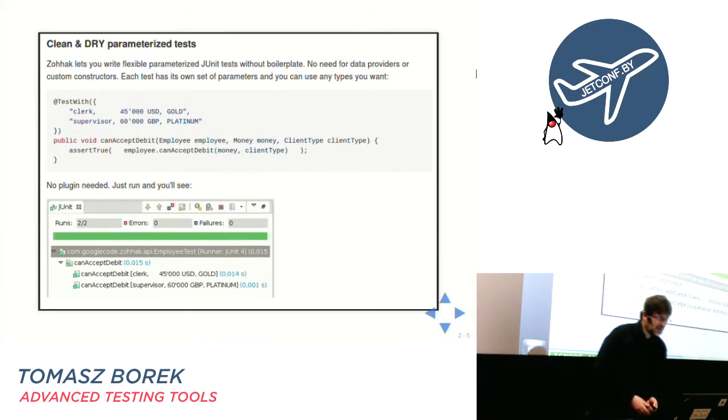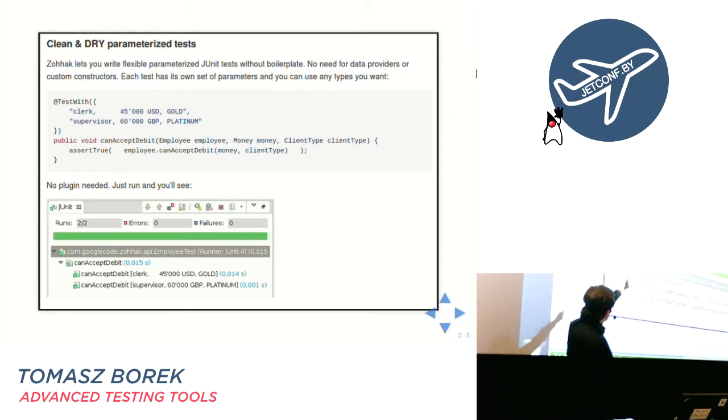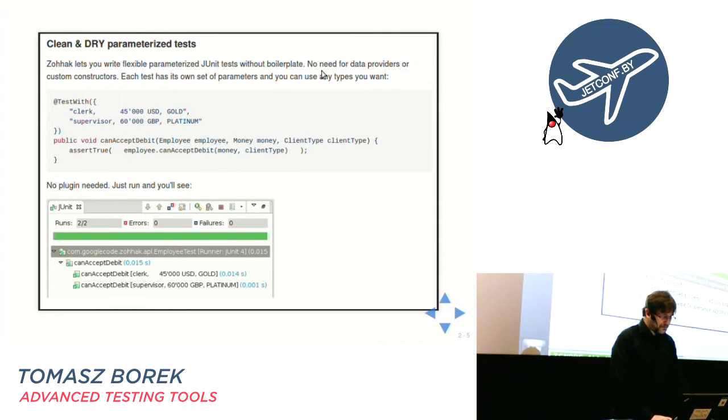Zohhak looks like that. We have a test with an annotation, which is Zohhak stuff. Then we have strings. The annotation uses an array, and in this array each string is separated, in this case by a comma. Here we have a comma, here we have a comma, and the same here.